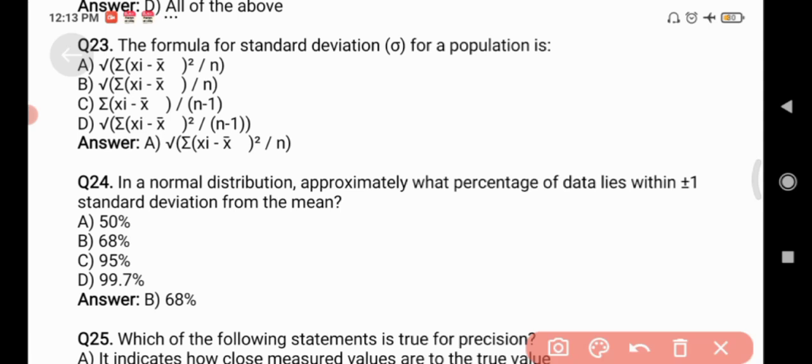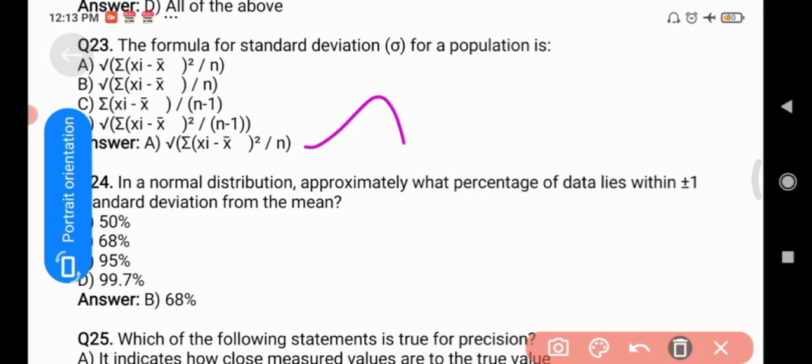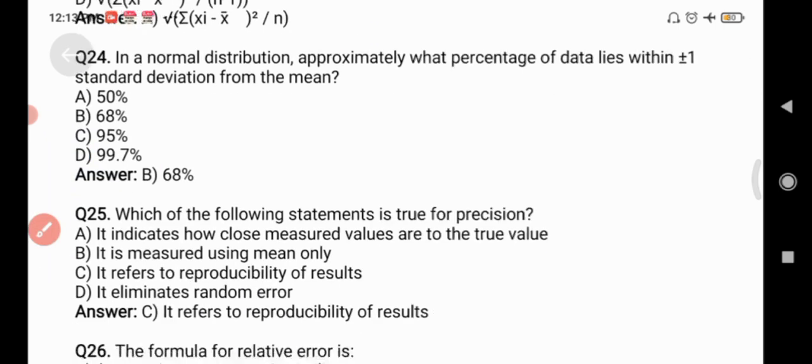The formula for standard deviation for a population is option A. In a normal distribution, approximately what percentage of data lies within plus or minus 1 standard deviation from the mean? Option B, 68%.